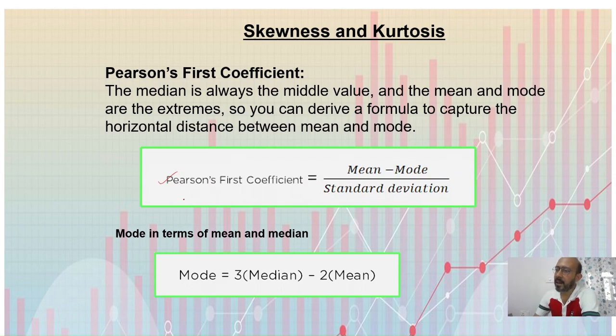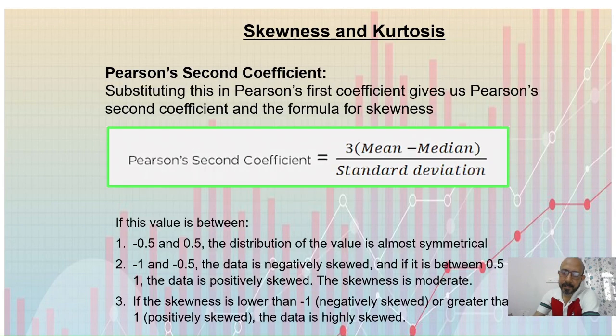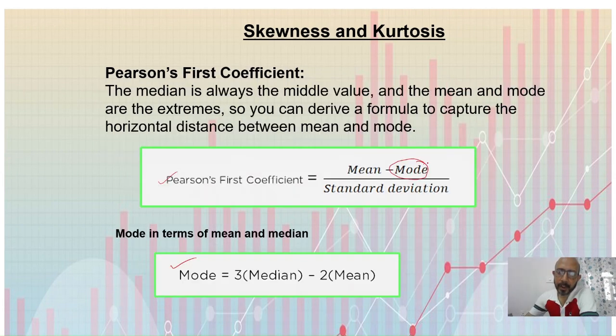Now understand the relation between mode, mean and median. Mode in terms of mean and median is: mode equals 3 median minus 2 mean. If I put this value here, we can get Pearson's second coefficient.